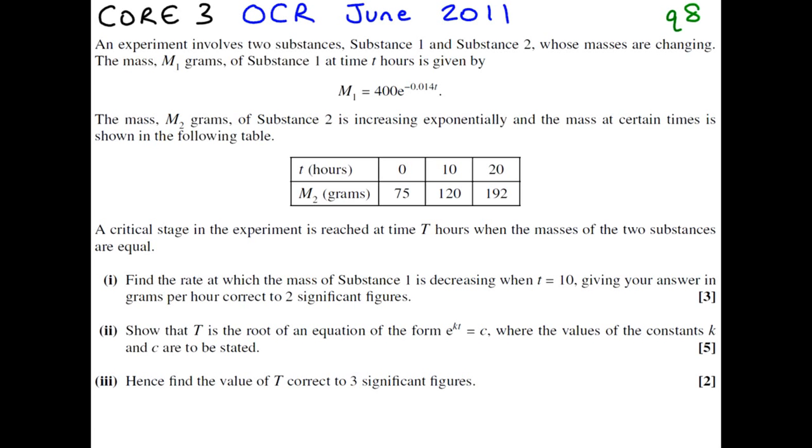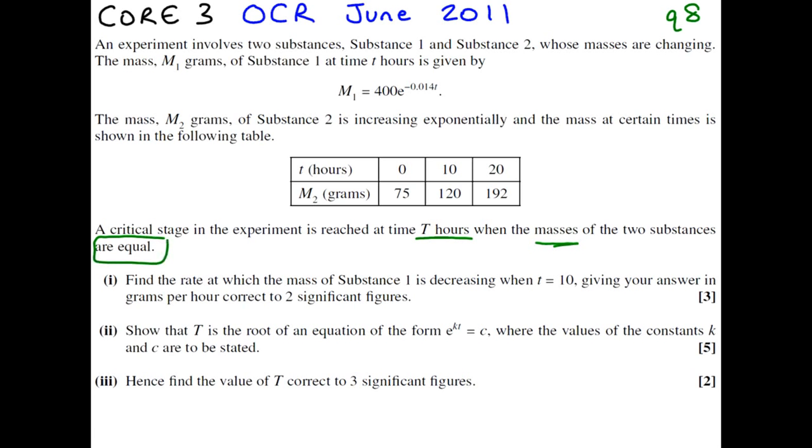The mass m2 of substance 2 is increasing exponentially, and it's shown in the table how that's happening. At a critical stage in the experiment, at t hours, it's a key word here, t hours, the masses of the two substances are the same, are equal.